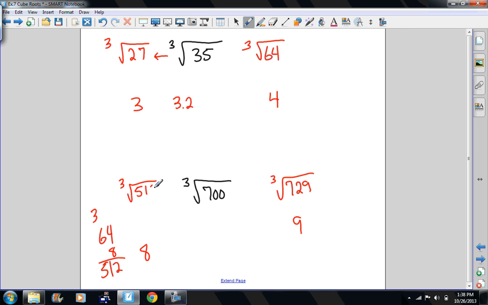Is that right? Yeah, 512. And then it's closer to this side. Therefore, I would say it's going to be like 8.8 or 8.9, something like that. Okay? So same idea as we have been doing before. You've got to sandwich them between 2 perfect cubes and then go from there.